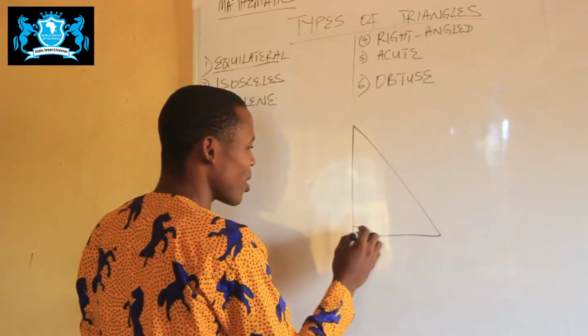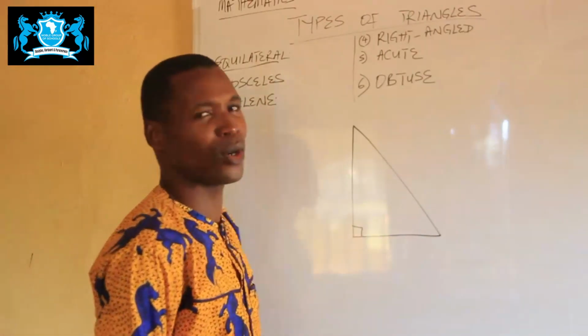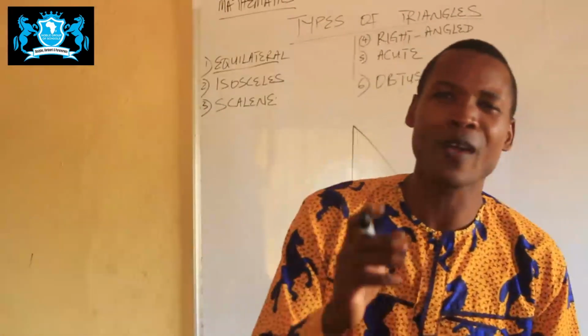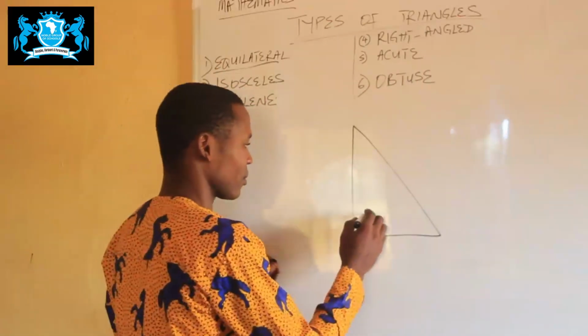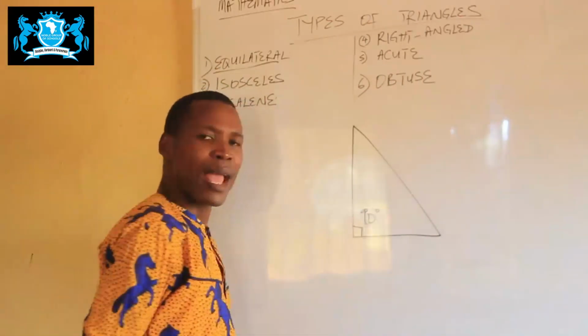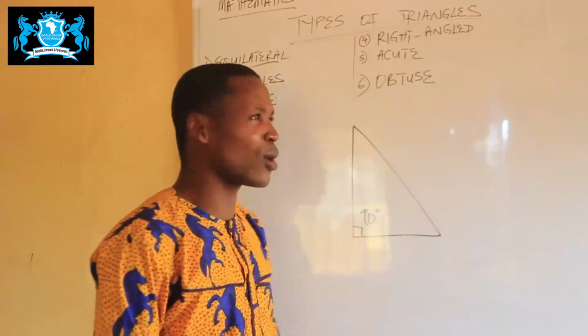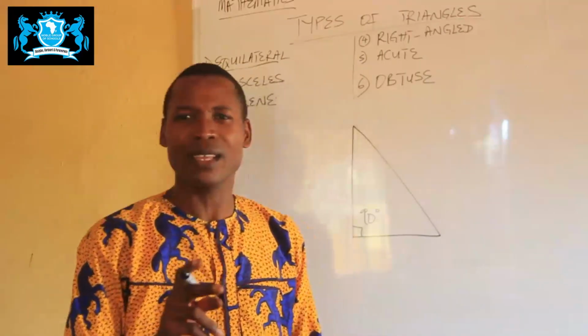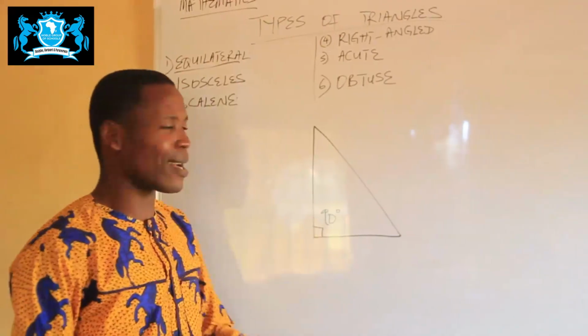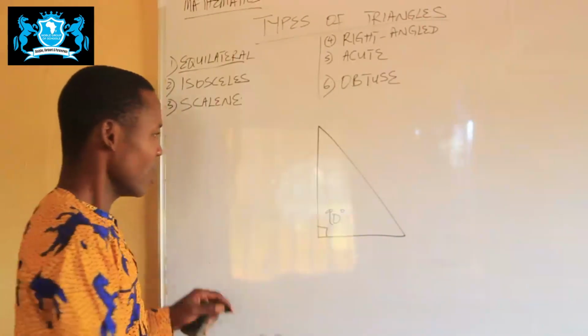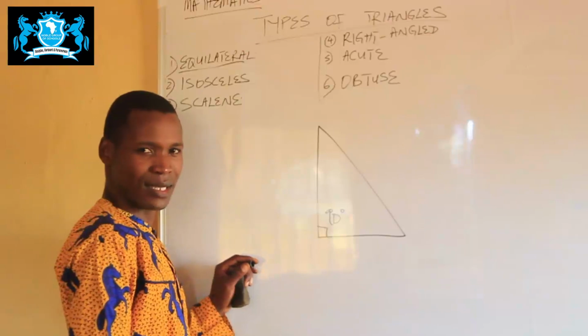What is a right angle triangle? Whenever we say right angle, we mean that one of the angles is equal to 90 degrees. Any triangle in which one of the angles is equal to 90 degrees, we call a right angled triangle.